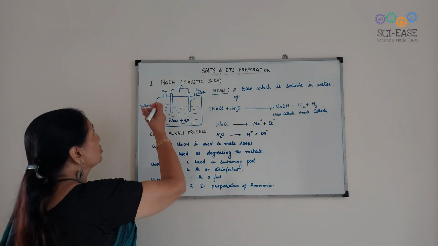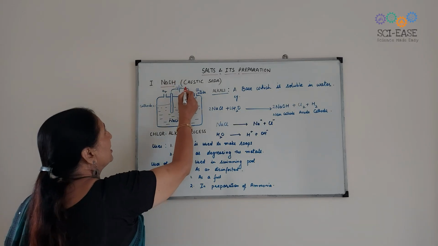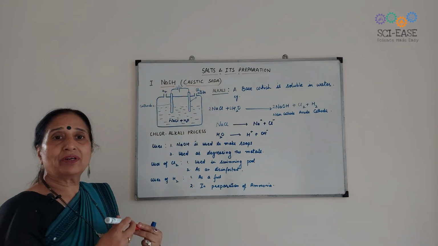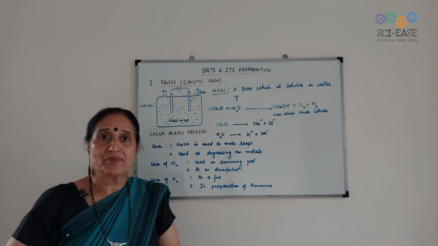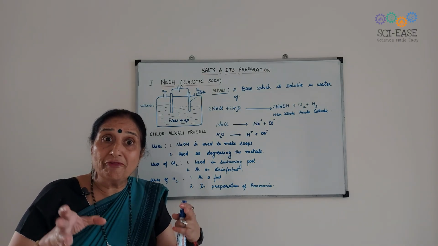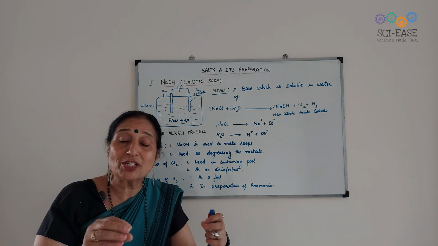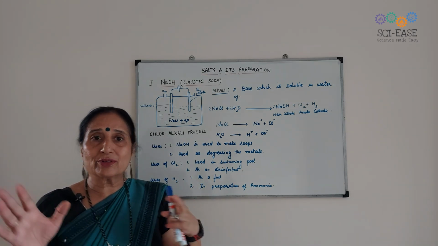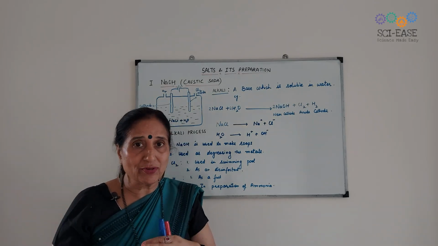The first salt is sodium hydroxide, the chemical name, and the general name is caustic soda. Why do we call it caustic soda? Because we should touch it with caution. Sodium hydroxide is there in your chemistry lab.